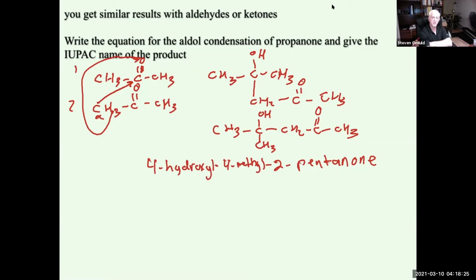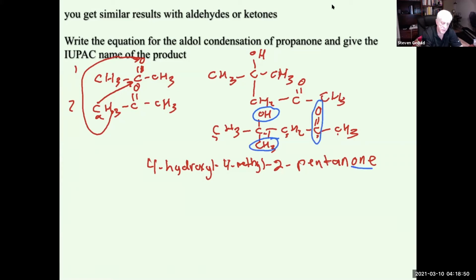I know it seems like a lot, but if you practice these a couple of times, they do become easier. It's a lot to take in at first. But once you straighten it out, you got 5 carbons. You got a hydroxy group, which is your OH group, at number 4. You got a methyl group at number 4, and you have your ketone group at number 2.